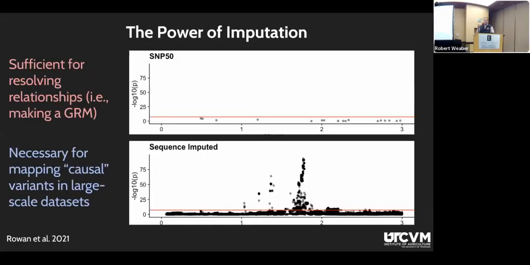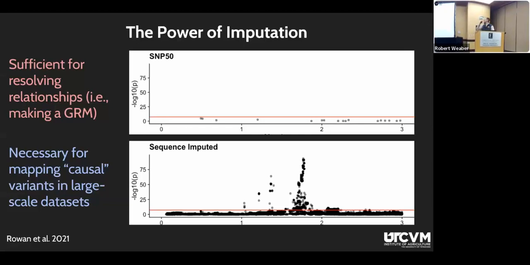And this is what imputation looks like in practice. This is from a paper that we did a couple of years ago here that compares, I pulled out just markers that exist on the SNP50 in this large QTL region of the GWAS that we ran.